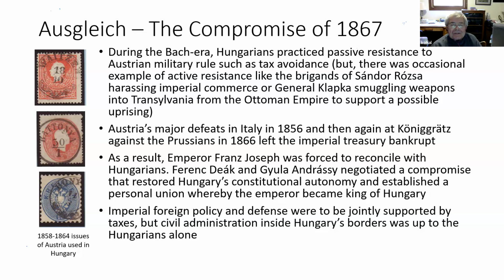Deák and Andrássy negotiated a compromise which restored Hungary's constitutional autonomy and established a personal union whereby the emperor became king of Hungary. This was a complicated agreement, and in general, foreign policy and defense were to be jointly supported by taxes, but the civil administration inside of Hungary was up to the Hungarians.